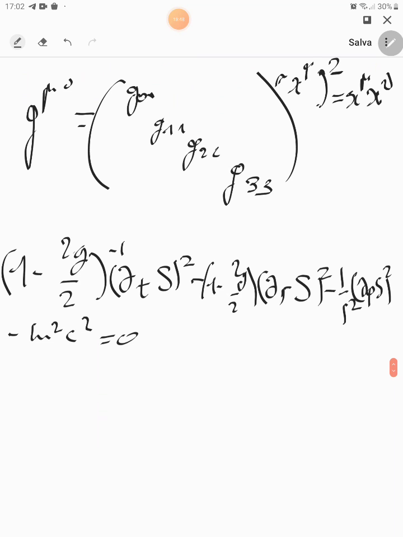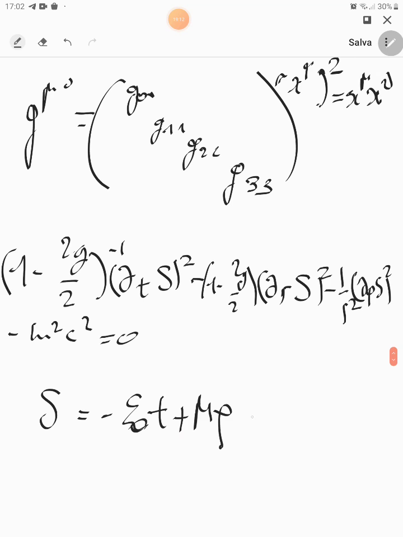Now we look for a particular kind of solution. We can write this solution of the action function as minus energy E0 times t, plus L times phi, plus S_r, where S_r is the radial part of the action, L is the angular momentum, and E0 is the energy.